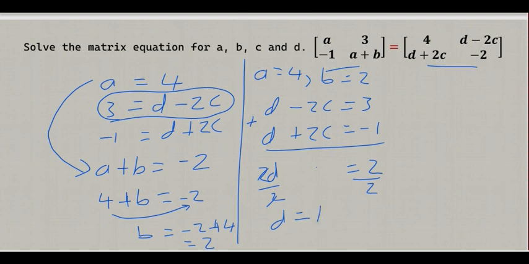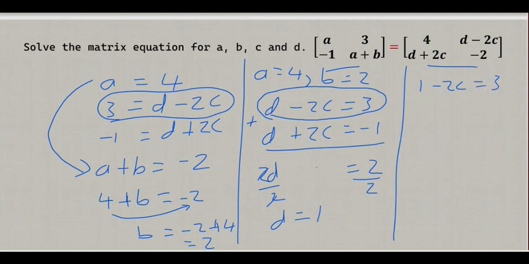And of course now you can substitute that D into any of the equations, say this one here. So you substitute it there, you're going to have 1 minus 2C is equal to 3. If you take this to the other side, you're going to have minus 2C is equal to 3 minus 1, because when you take it to the other side, that changes.